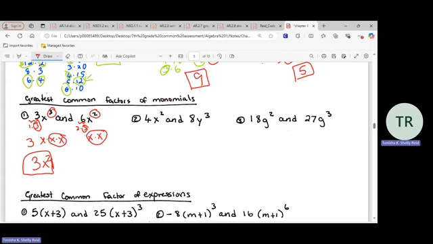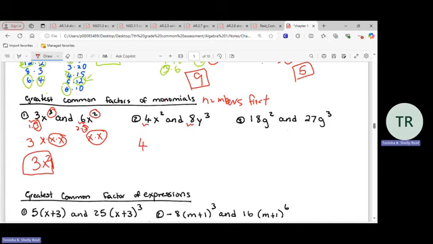Let's look at number 2. We have 4x squared and 8y cubed. Remember, numbers first. So between 4 and 8, my greatest common factor is 4. And then I have x squared and y cubed.